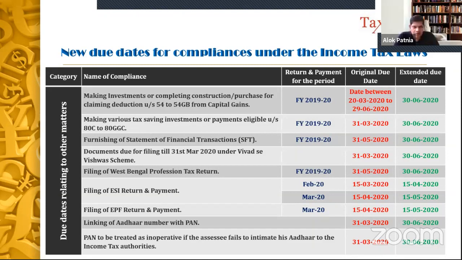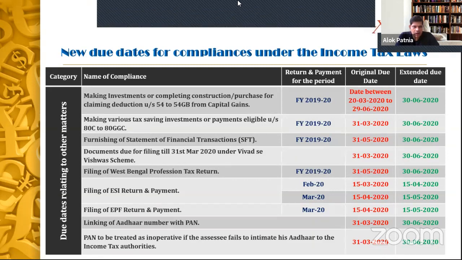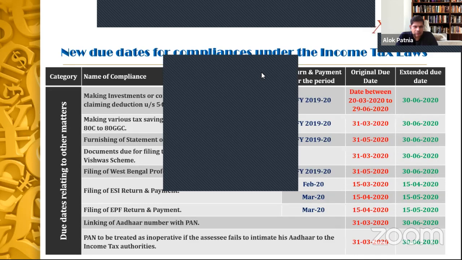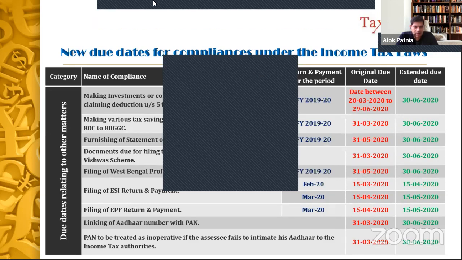So basically, this scheme was brought in by the government in the finance bill. The scheme is basically if you want to disclose, or if there is any litigation which is pending, and if you want to pay the tax, then you will be waived off interest and penalty.